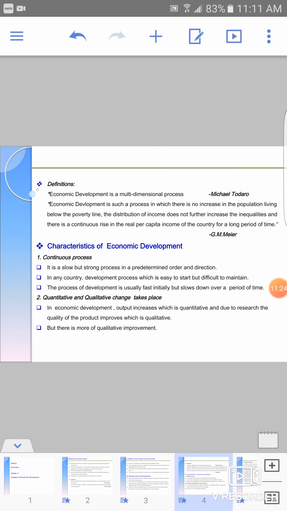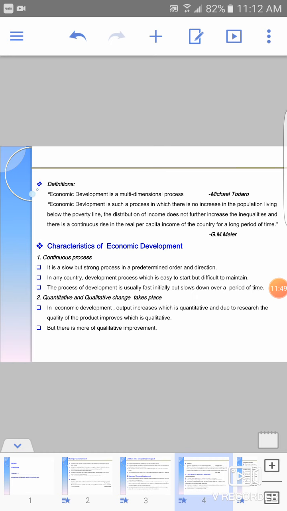Quantitative change will take place, but the quality of the product will also improve, which is qualitative change. Both take place in economic development, but there is more of qualitative improvement. In economic growth there is quantitative change, but in economic development there is more qualitative improvement.